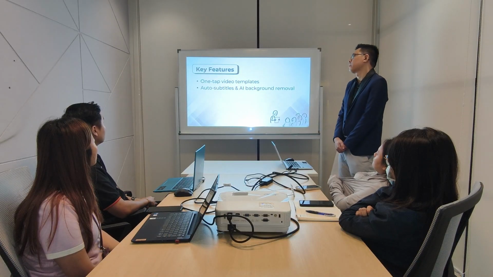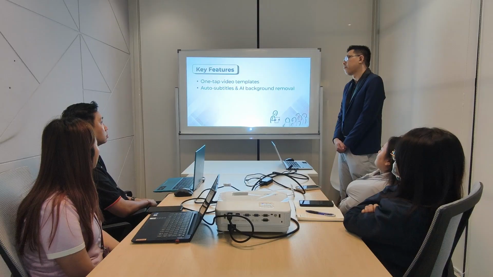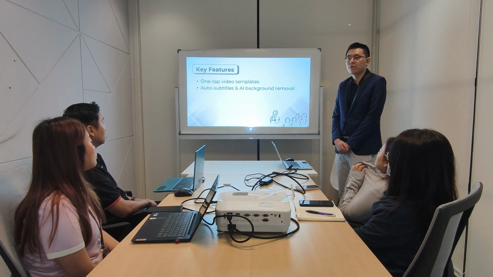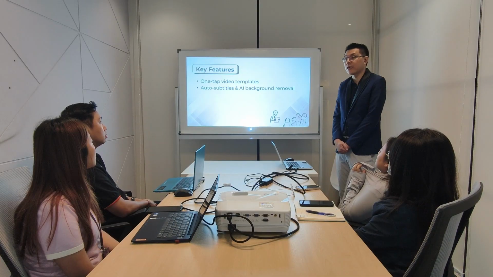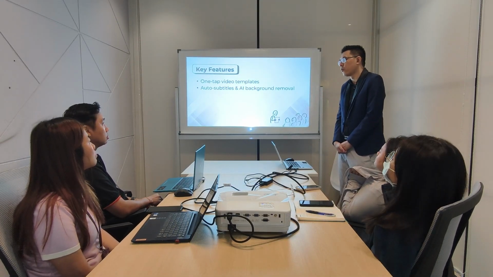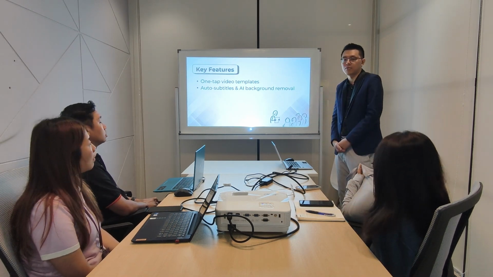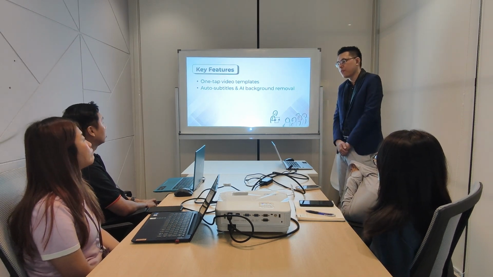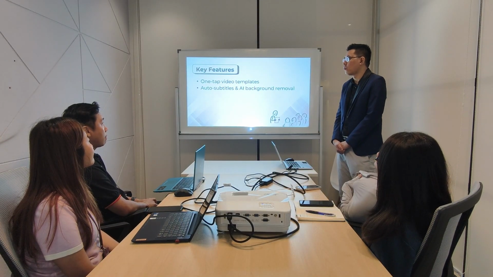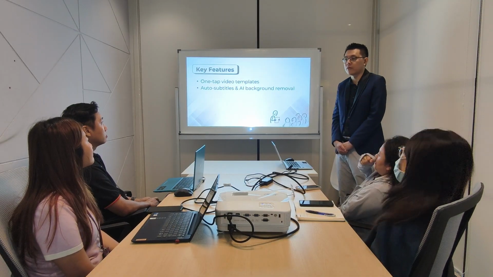The second is auto subtitles and background remover. In the past, if you wanted to add subtitles, what did you need to do? Before CapCut, you needed to type the words one by one. You listen to the audio, and sometimes if the audio is not clear, you still need to guess what the people are talking about. Now in CapCut, it will auto-detect the audio and generate the subtitles automatically for you.